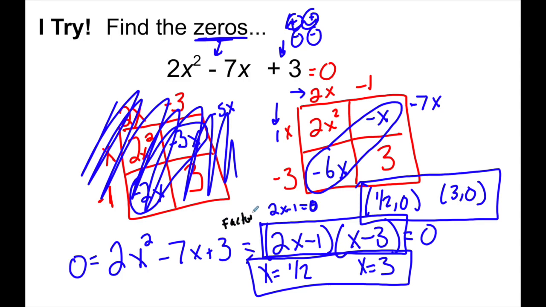If I say factor, you give me just the 2x minus 1 times x minus 3. If I say x-intercepts, you give me these. If I say either zeros or the roots, so those are sometimes used interchangeably, I want you to give me these, okay?